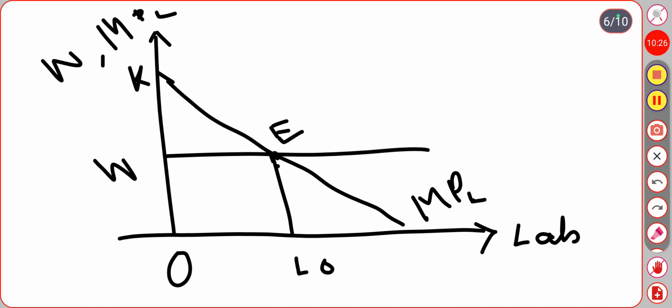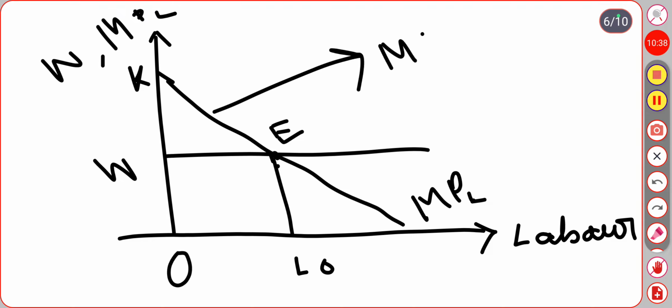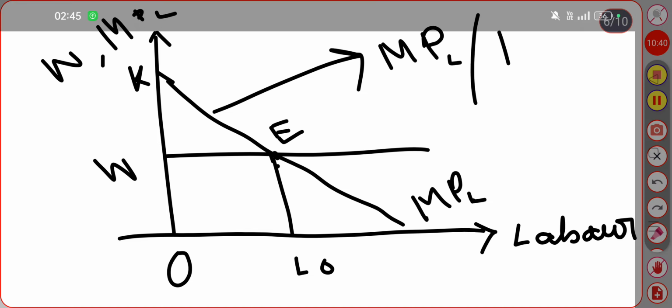Amount of labor is on the horizontal axis. Here capital is fixed, but the marginal productivity of labor is the demand curve. This is the marginal productivity of labor, or demand curve.